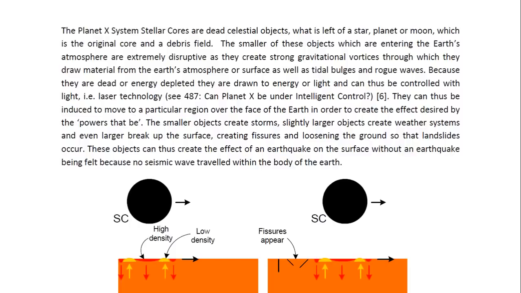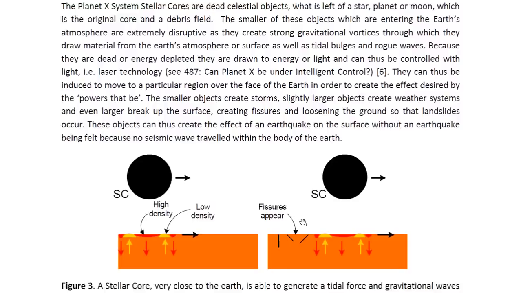Because they are dead or energy depleted, they are drawn to energy or light and can thus be controlled with light, i.e. laser technology. And you may look at article 487 entitled Can Planet X Be Under Intelligent Control? They can thus be induced to move to a particular region over the surface of the Earth in order to create the effect desired by the powers that be.